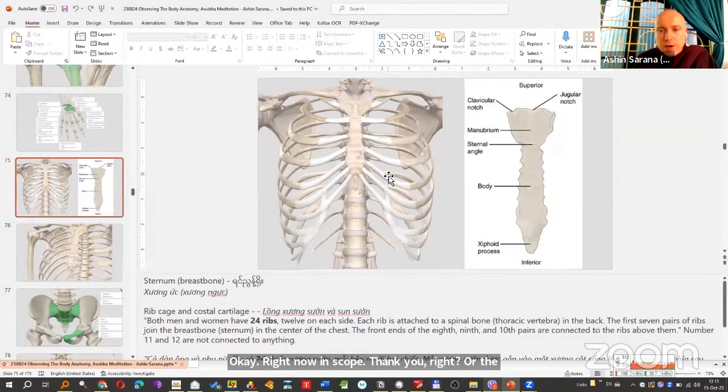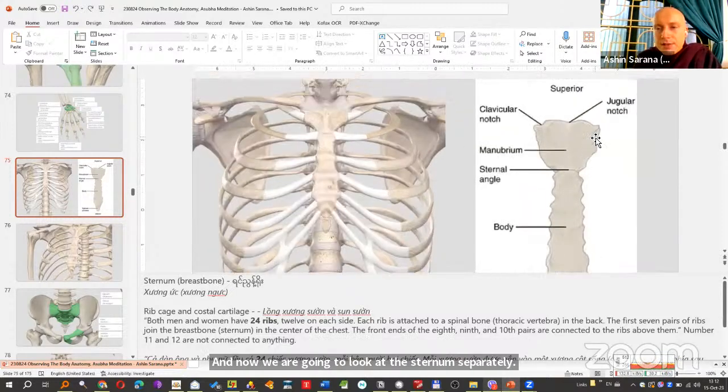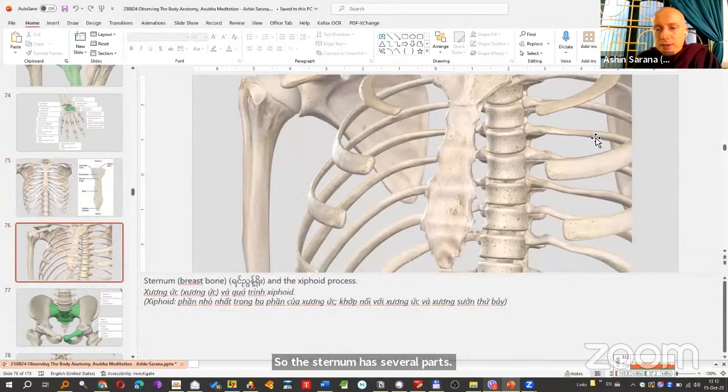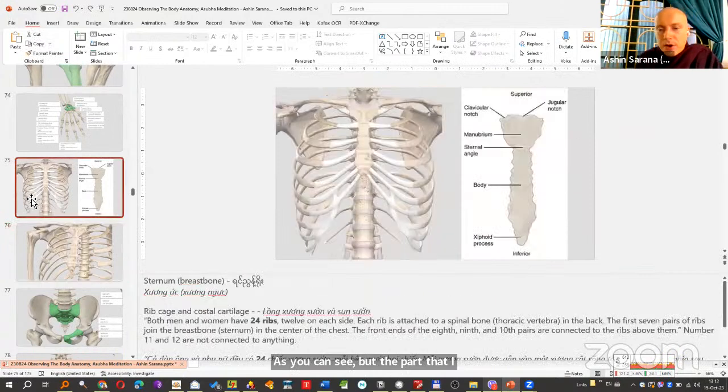Okay, so now we're going to look at the sternum. We already talked about the sternum when I explained the sternocleidomastoid muscle, which is the longest muscle of the neck. And now we are going to look at the sternum separately. So the sternum has several parts, as you can see, but the part that I want to point out is the xiphoid process.